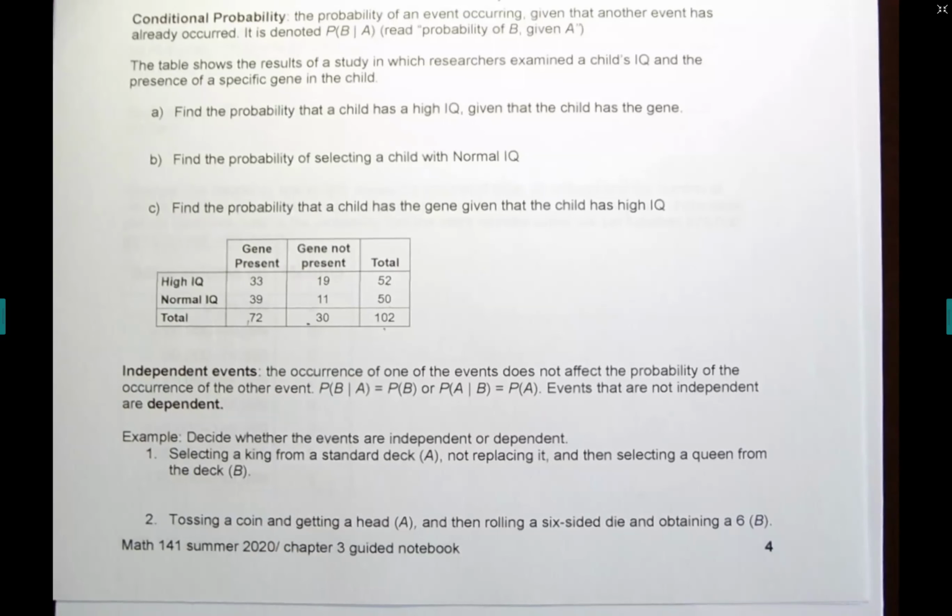Children with high IQ and who have the gene. Exactly. It's the children with high IQ and with the gene present. 19, guys, means the children who have high IQ and the gene not present. So it's the intersection between the high IQ and the gene not present.